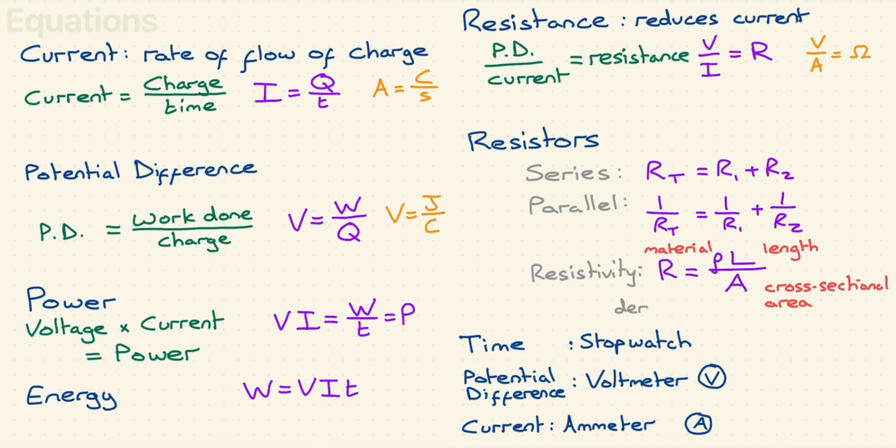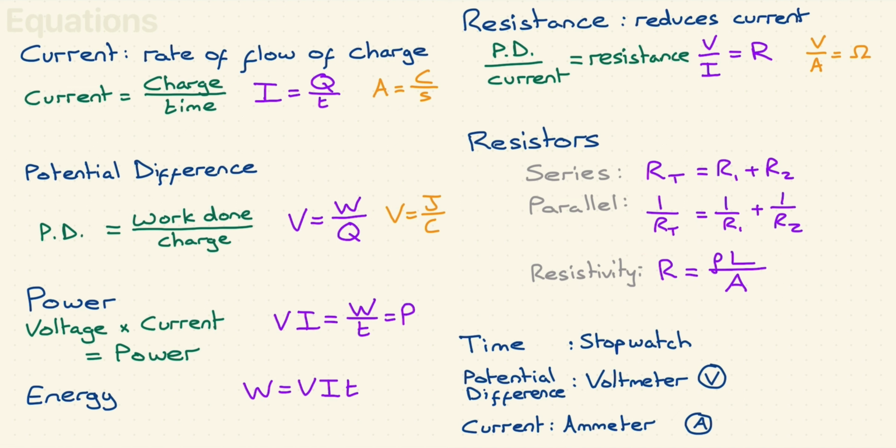So the derived equation is that R equals rho L over A. The resistance is equal to a constant that we call resistivity, that depends on the material and the temperature, multiplied by the length and divided by the cross-sectional area.